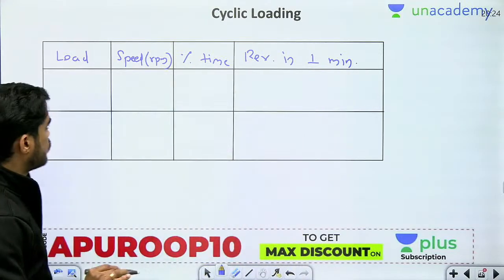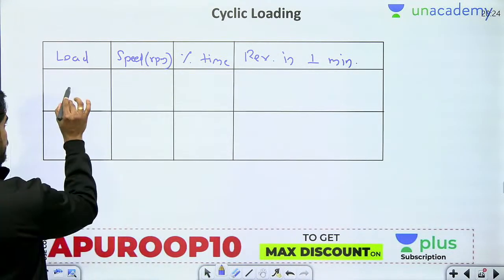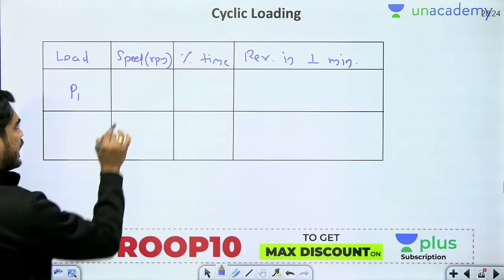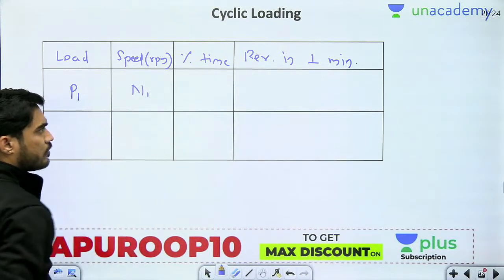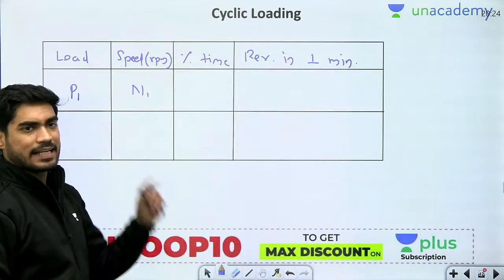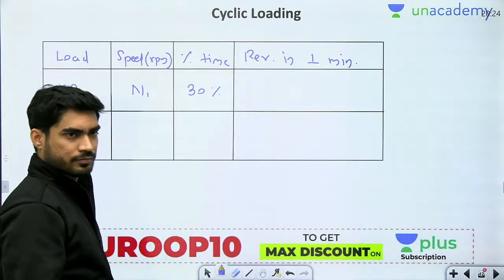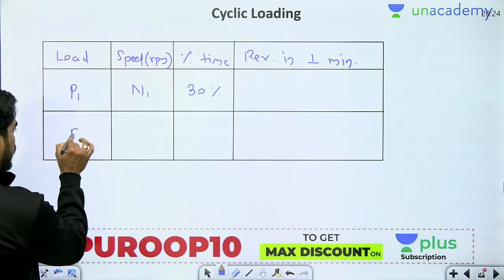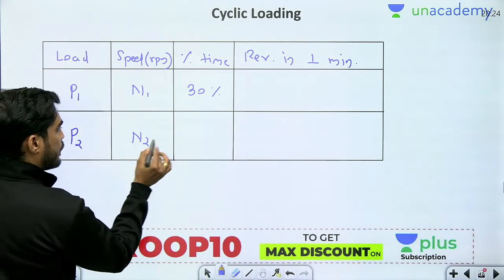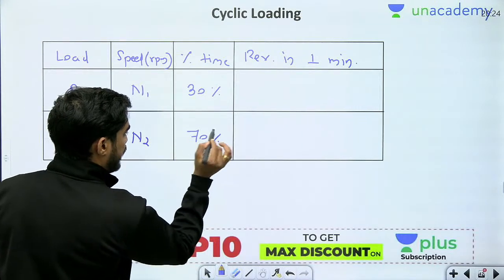So let's say there is P1 load acting at N1 RPM for 30% time, and P2 load acting at N2 RPM for 70% time.